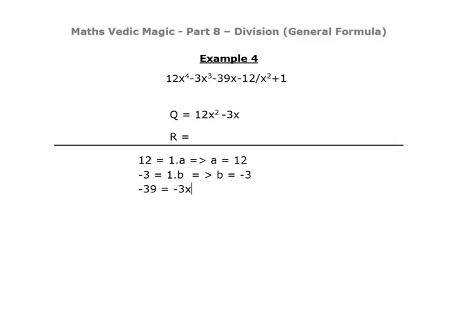Minus 3x plus some term, say c, which gives us c equal to minus 36x. So this will be the first term of the remainder.